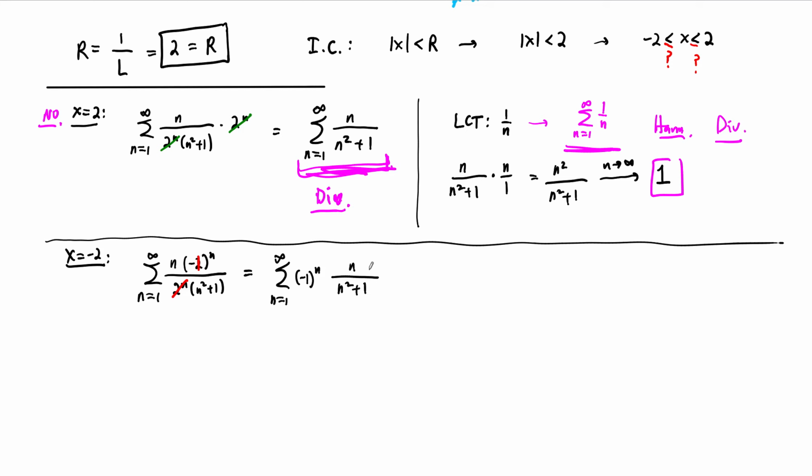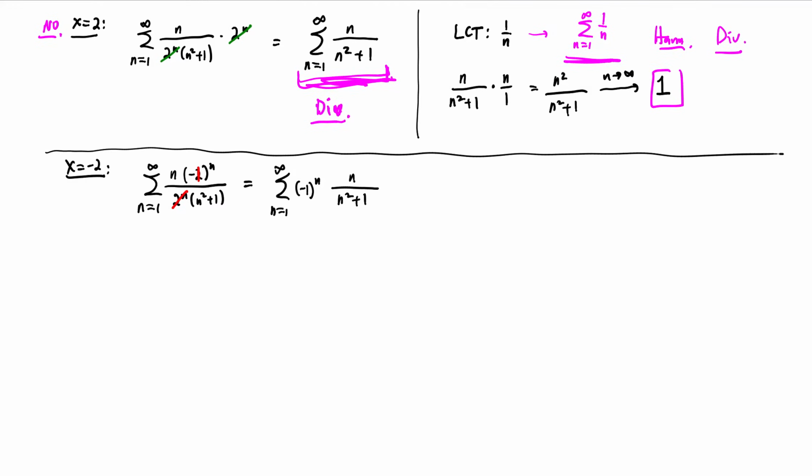This appears to be an alternating series. Okay, it's very similar to the one we just looked at, except it's got this alternating term. And I'll let you work out all the details of the alternating series test, but remember what you have to check is that number 1, n over n squared plus 1 should be strictly positive. Okay, I'm going to say check mark, but you should check that.